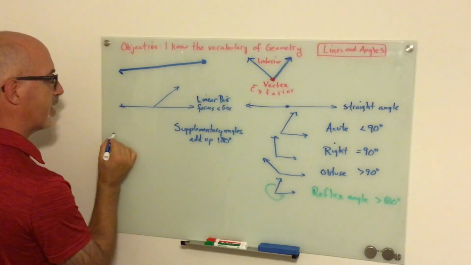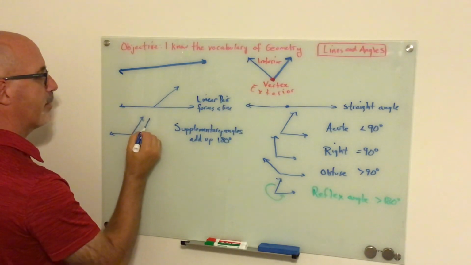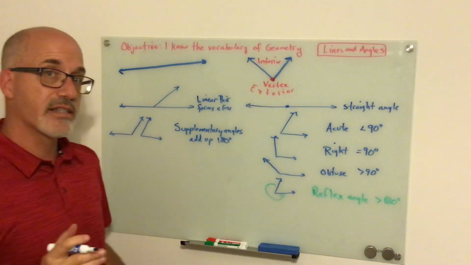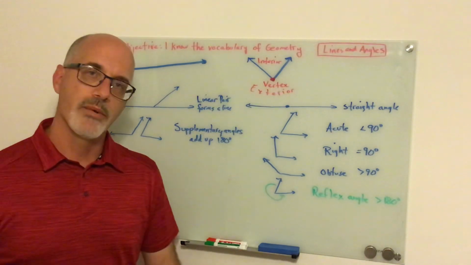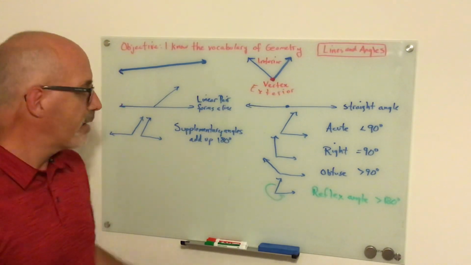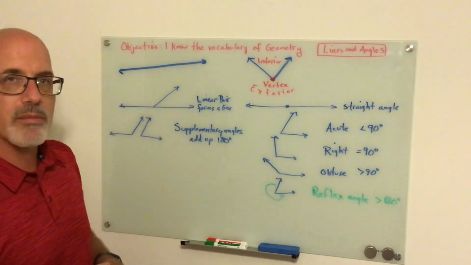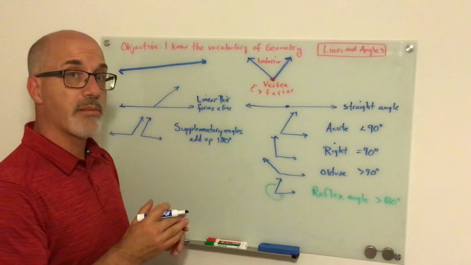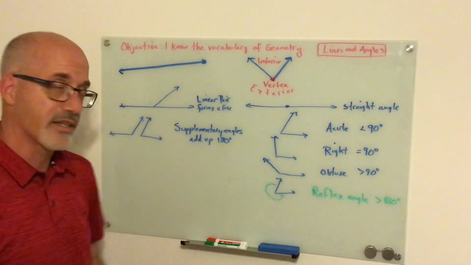So if I take these two angles and I separate them, so they're no longer adjacent, but they still add up to 180 degrees, we call them supplementary. So every linear pair is supplementary, they add up to 180 degrees, but not every supplementary pair of angles are linear pairs because they're not always adjacent.